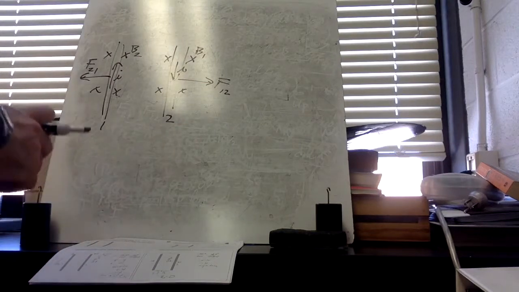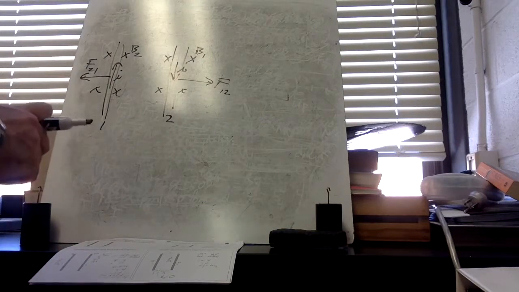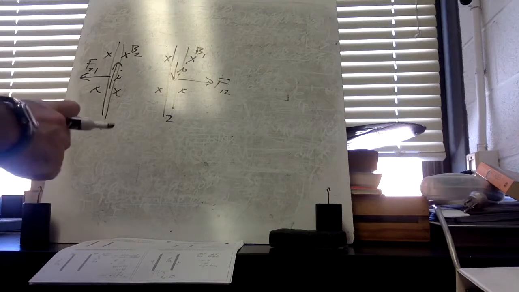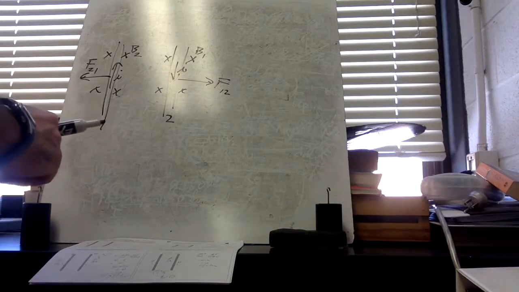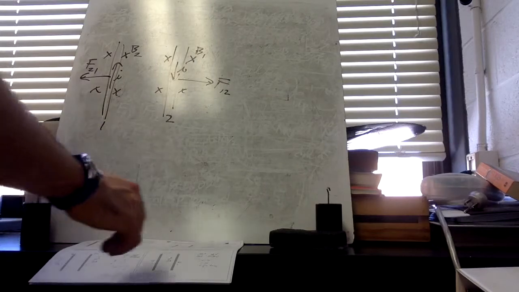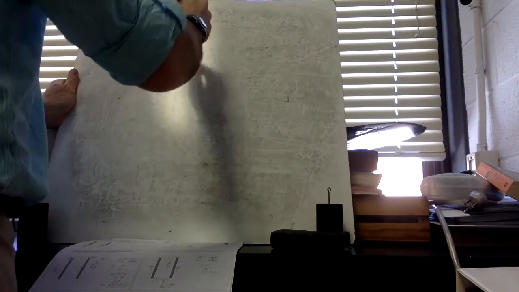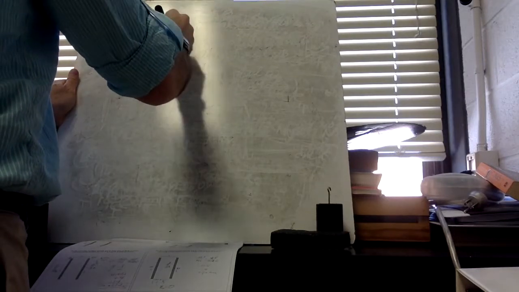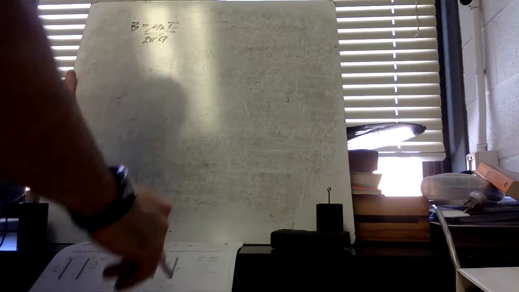Then example 5: calculate the magnitude and direction of the B field midway between the long wires, if I1 is 4 and I2 is 8 and A is 1 meter. B is mu naught I over 2 pi A. But what are we looking at here?